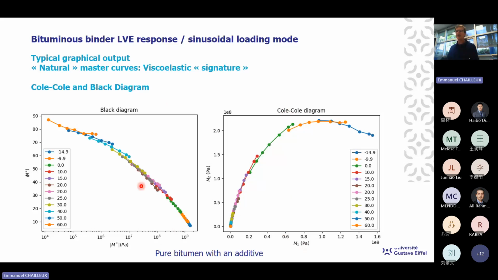What we can see here, so here it's a conventional bitumen, is that the isotherms overlap themselves. You can see there is an overlapping. It means that at different temperatures, we can just adjust the frequency to have the same viscoelastic measurement.